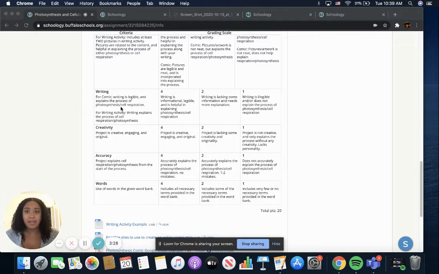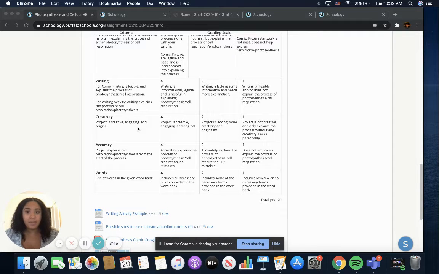For writing in the comic, the writing is legible and explains the process of photosynthesis or cellular respiration. For the writing activity, the writing explains the process of cell respiration or photosynthesis. Simple. Creative, engaging, and original for both.